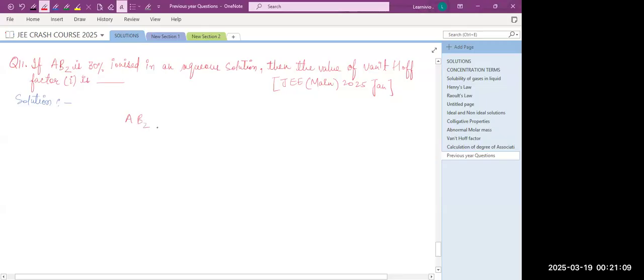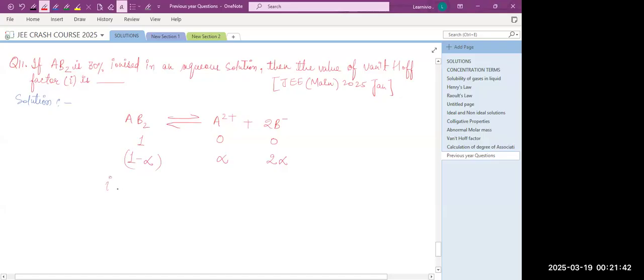So AB2 will ionize to form A2+ plus 2B-, right? Initially this will be 0, 0, and for this it is 1. What is the degree of ionization here? Alpha, and for this it is 2 alpha, and for this it is 1 minus alpha, right?